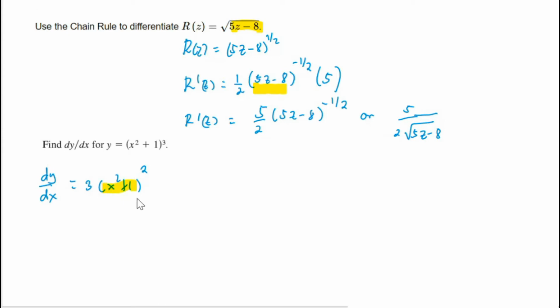The derivative of x squared is 2x, and the derivative of 1 is 0. So we can now multiply the monomials, 3 times 2x. Our derivative will be 6x times the quantity of x squared plus 1 raised to the power of 2.